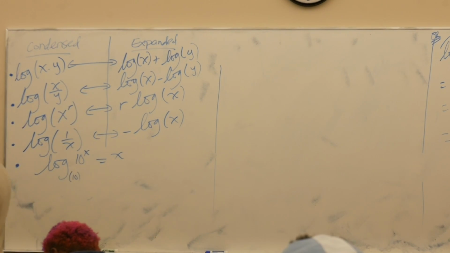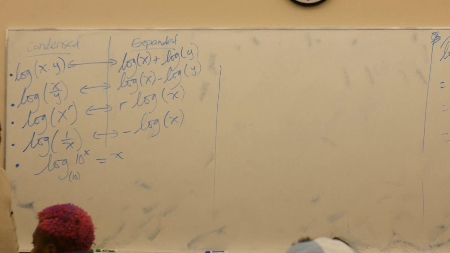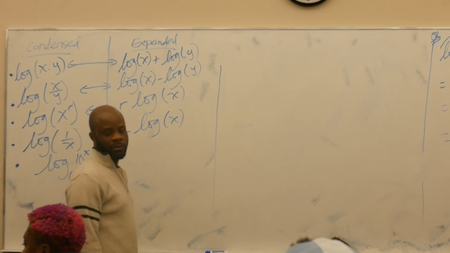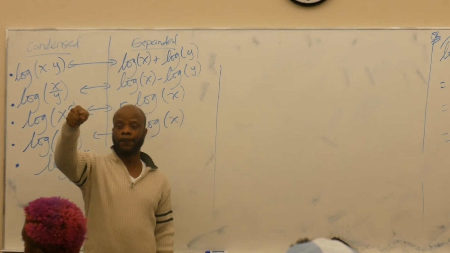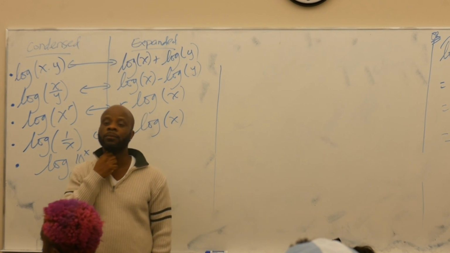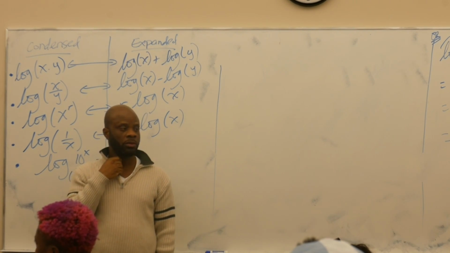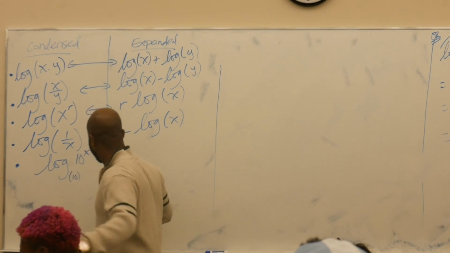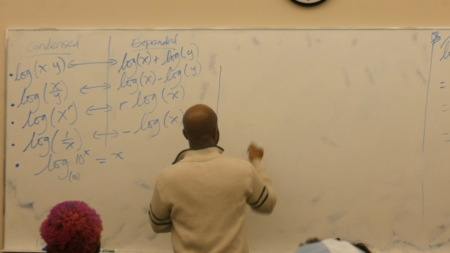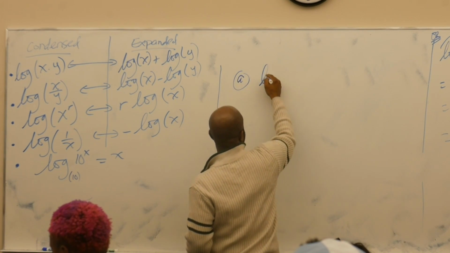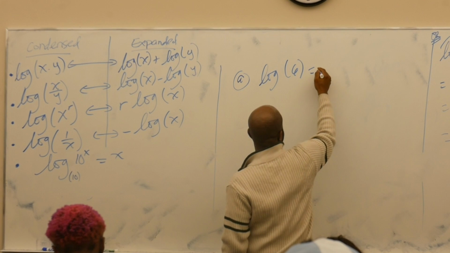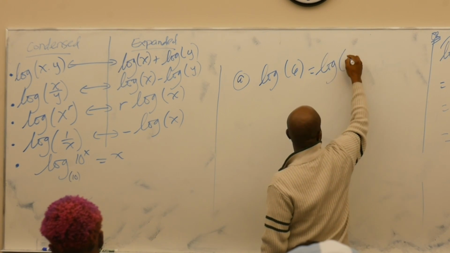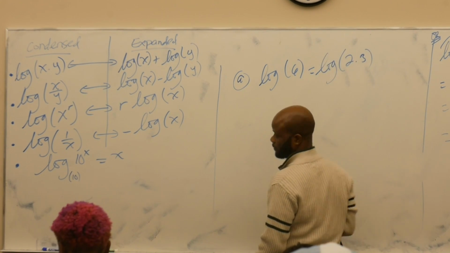So for example, problem A says to find the log of 6. How do I find the log of 6 if I'm given the log of 2, the log of 3, the log of 5, and the log of 7? The log of 2 times 3, right? Because 2 times 3 is 6. Pay attention here, folks. So A, the log of 6, and he says 6 is 2 times 3.